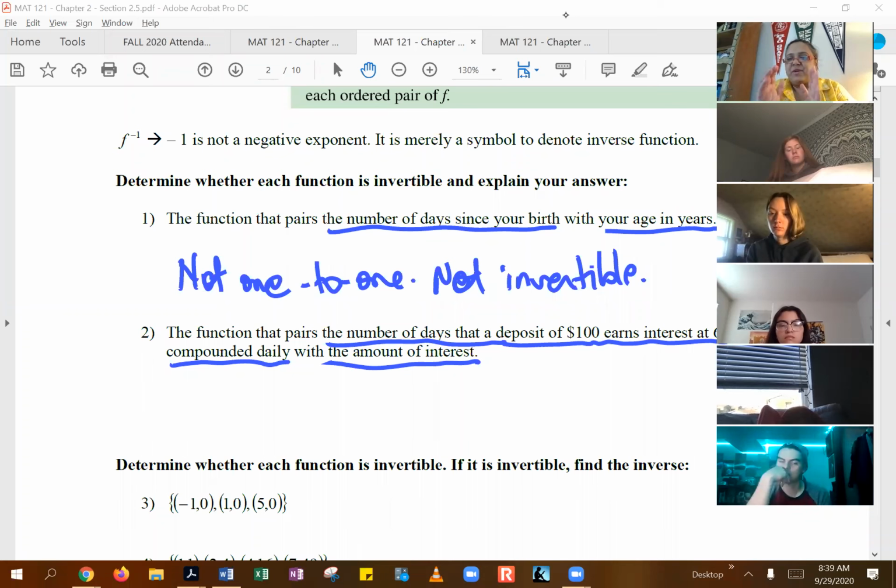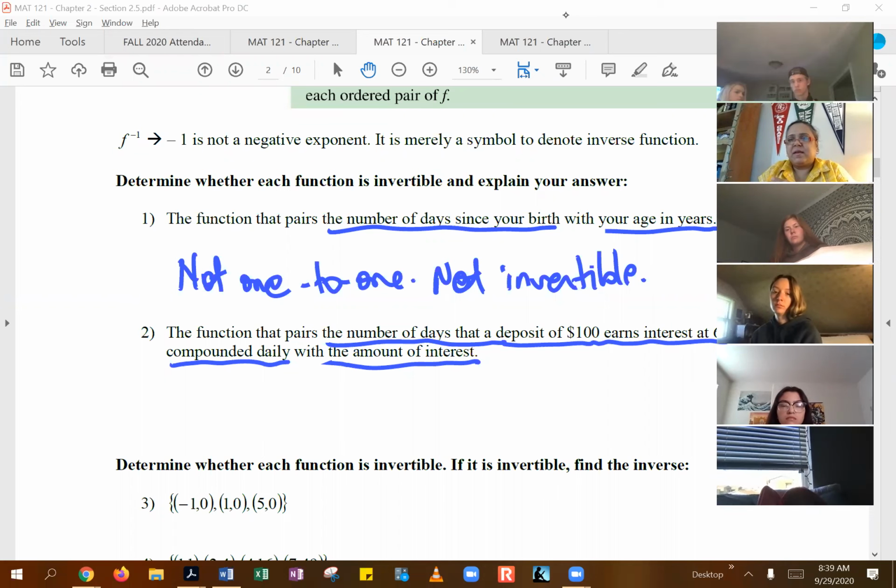The number of days that we're leaving this money in this account and the amount of interest you are going to earn. So is it possible that, let's say, if you earned $10 in interest, will it be $10 for 2 different days, or will it be $10 for this day, and the next day that number will change? Or for the same number of days, so let's say we've left the money in there for 90 days, are you going to have 2 different dollar amounts on the interest this account earned?